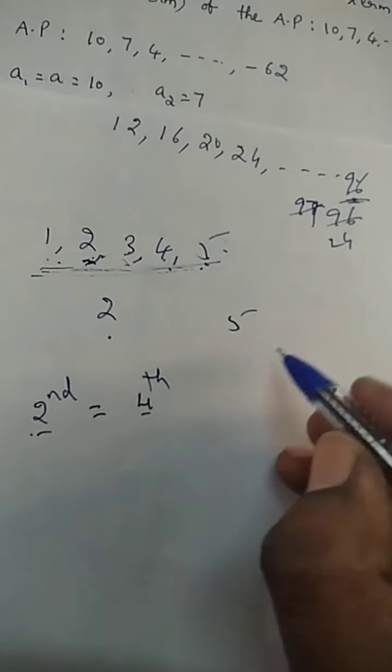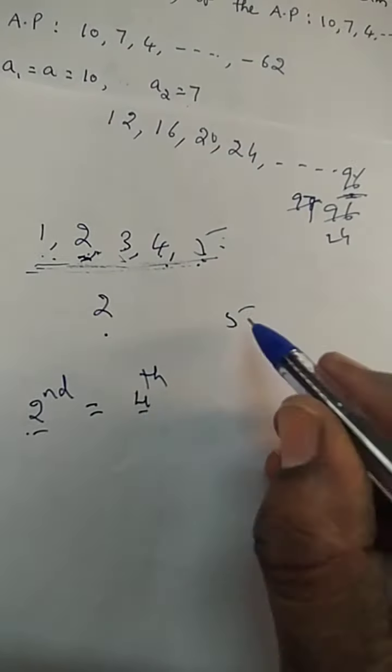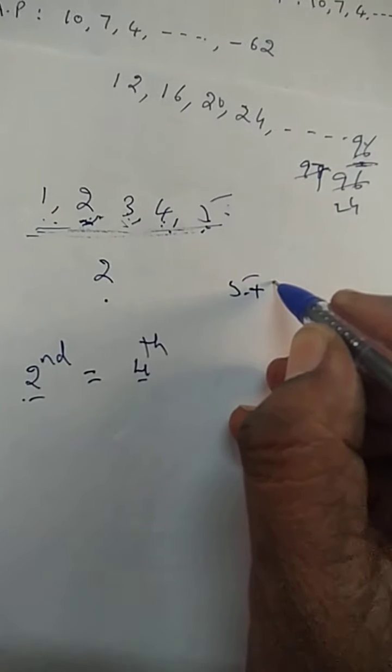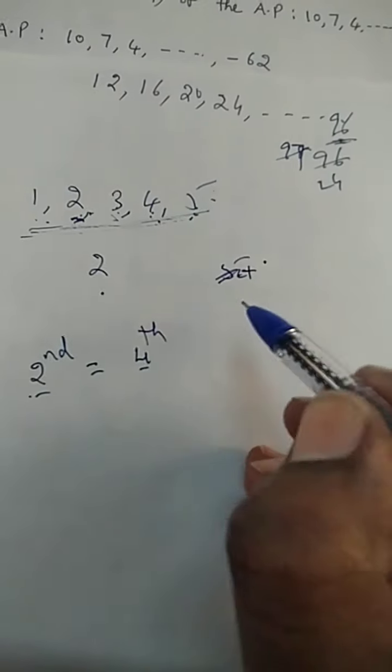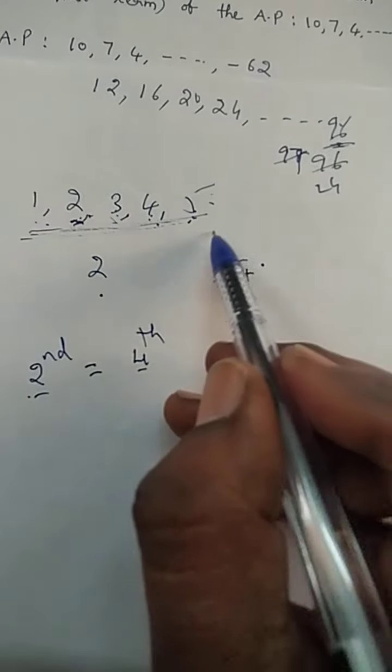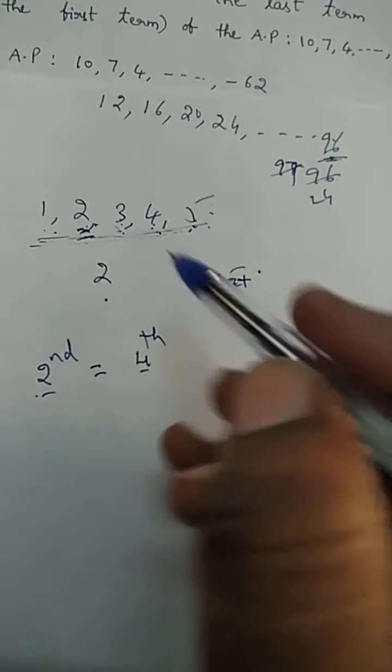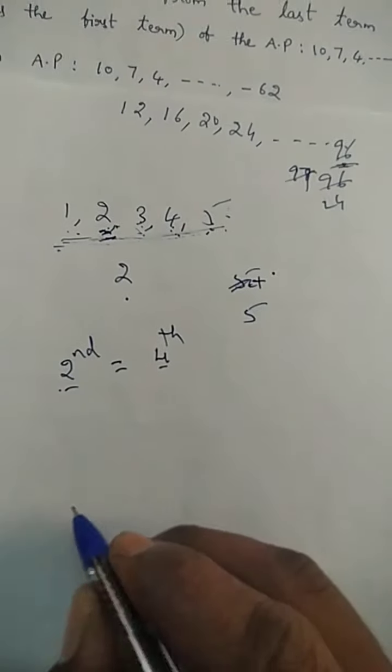For example, total number of terms is 5. From the last, 1, 2, 3, 4. This is the fourth term. This is the second term.